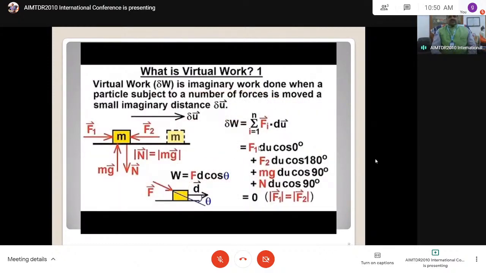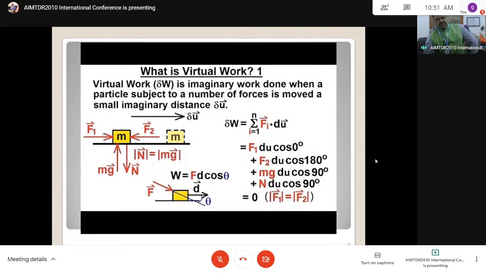Now let us see a simple analogy, a simple mathematical representation. Virtual work is an imaginary work done, because you are giving a virtual displacement into a real force, or a virtual force into a real displacement. When a particle is subjected to a number of forces, it is moved a small imaginary distance. Mostly we will consider this imaginary distance as the virtual displacement, delta u. Here, if you can see the system, I have given a free-body diagram directly.